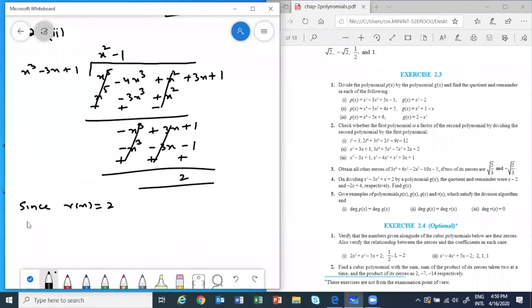So x cube minus 3x plus 1 is not a factor of x power 5 minus 4x cube plus x square plus 3x plus 1.